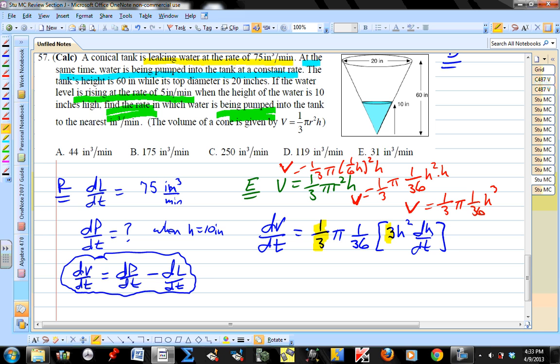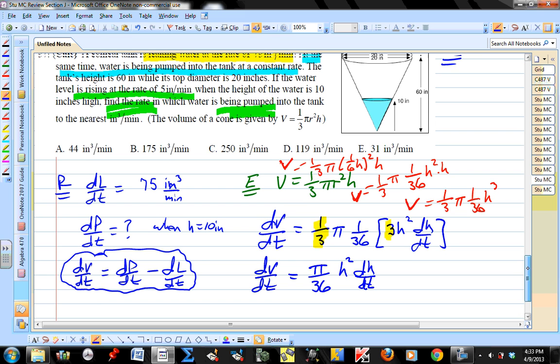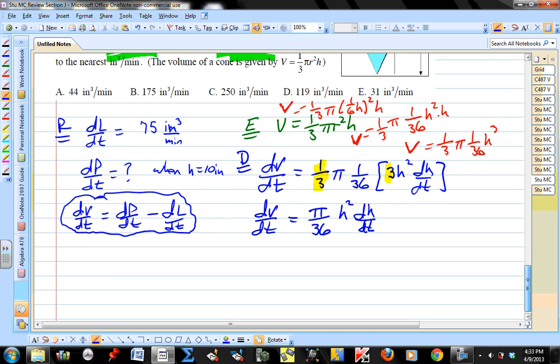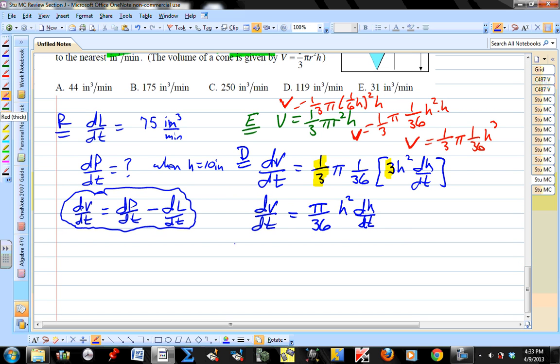These guys will eliminate each other. We can clean this up just a little bit. dV/dt is going to equal pi over 36, times h squared dh/dt. It's our derivative step. Now let's substitute and solve.